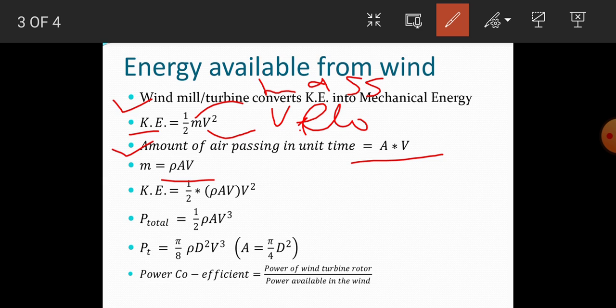So it is density. Rho is the density of the air, then A is the area through which air is passing, and v is the velocity of the air.